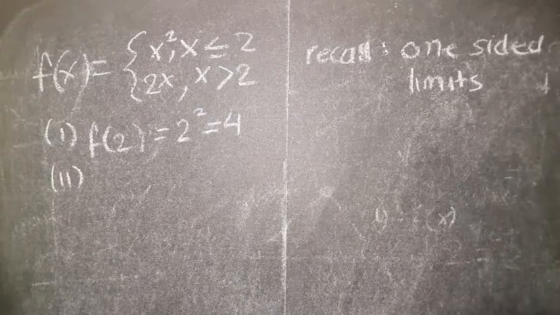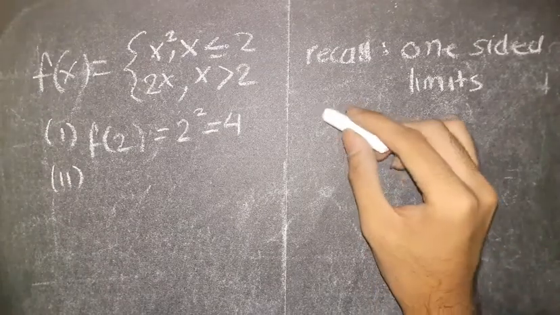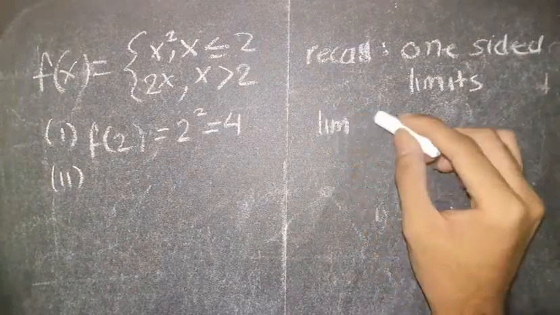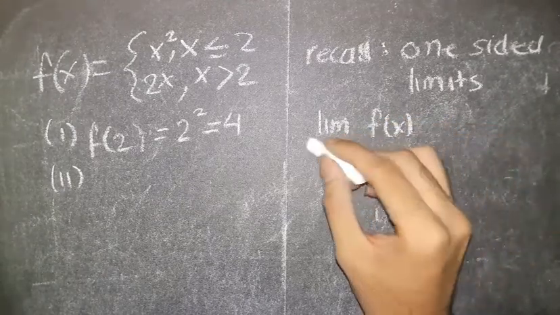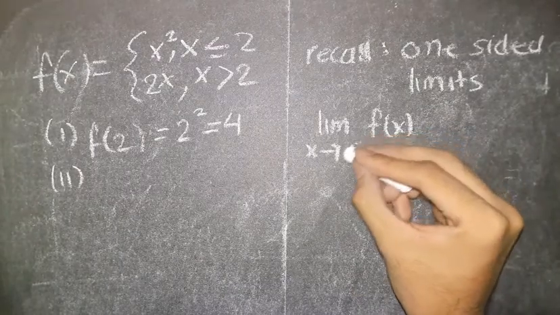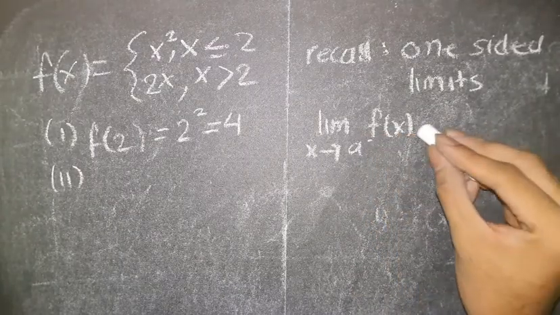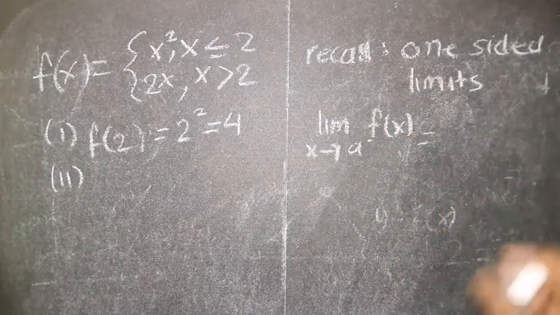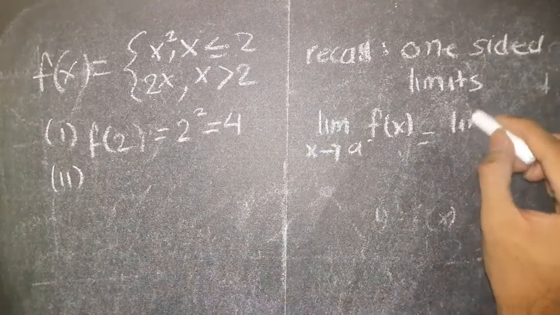One-sided limits state that the limit of f of x as x approaches a from the left must be equal to the limit of f of x as x approaches a from the right in order for the limit to exist.